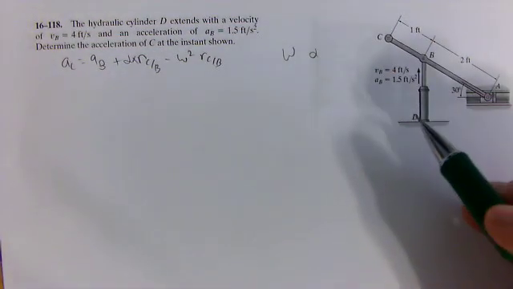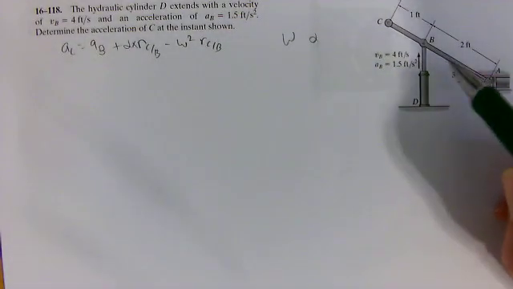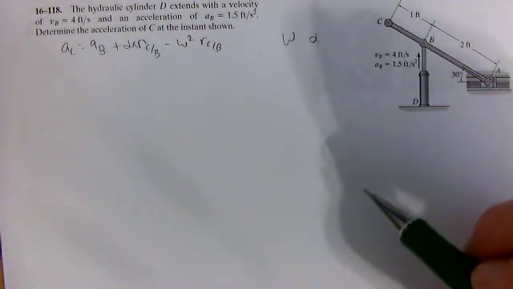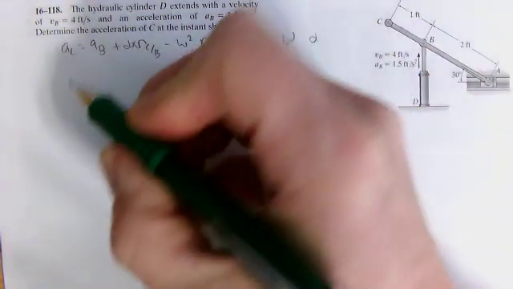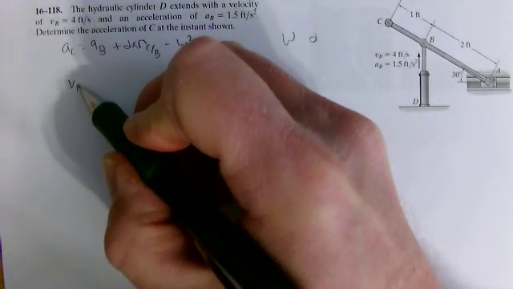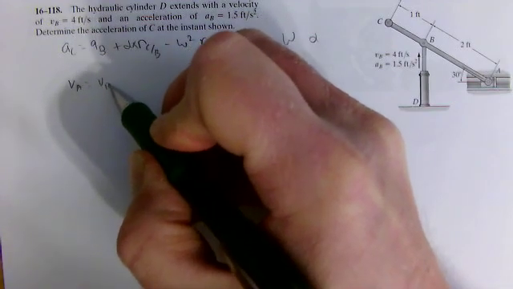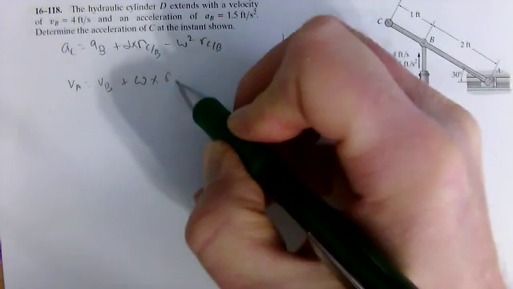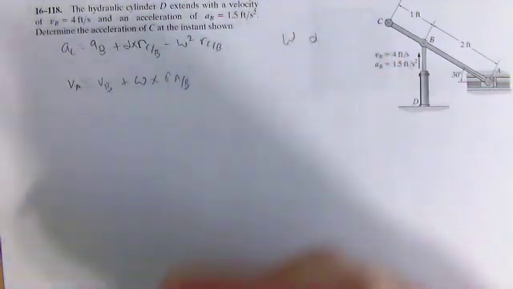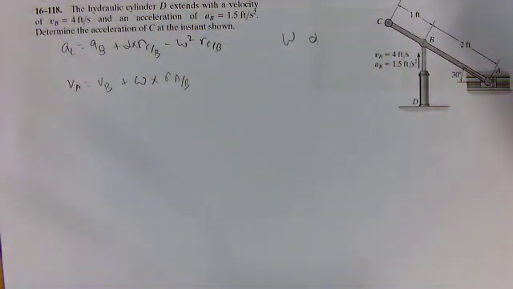So let's look first at the velocity equation from A to B. VA equals VB plus omega cross RAB. What do we know?